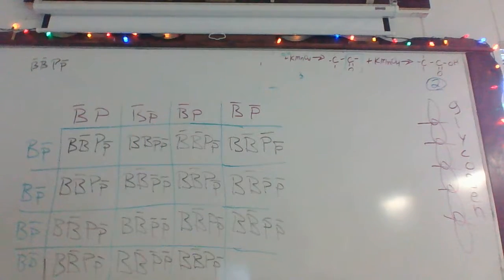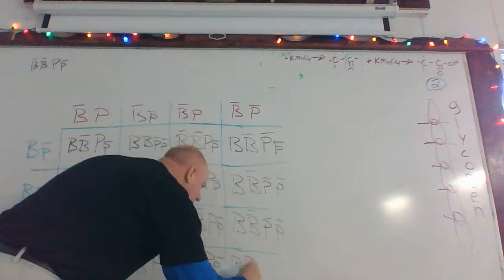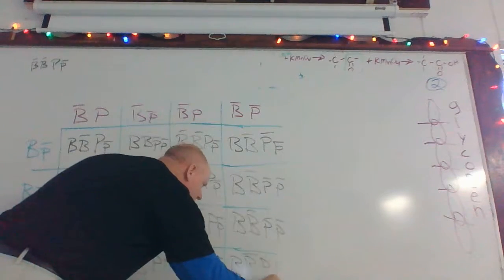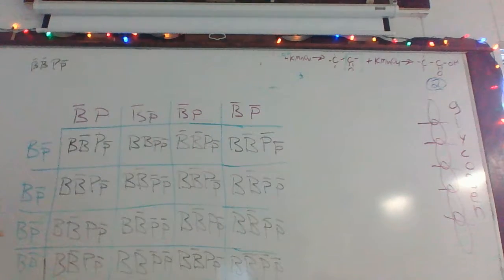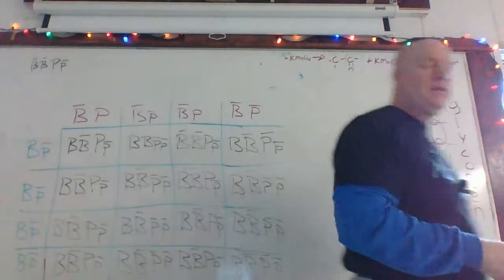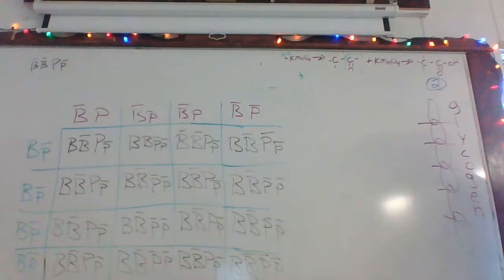Okay, and our last. So, again, maybe the handwriting isn't as concise or as neat as maybe some of yours, and that's fine. Just as long as you can read it.